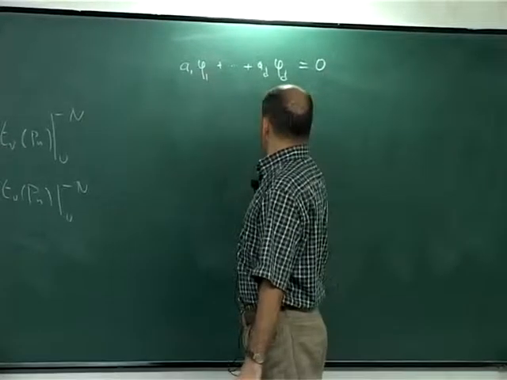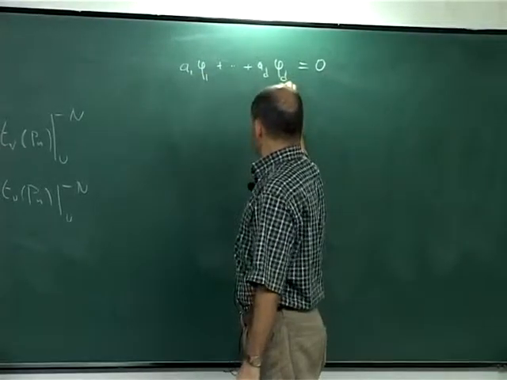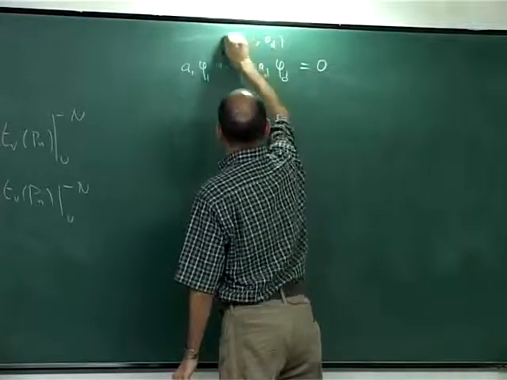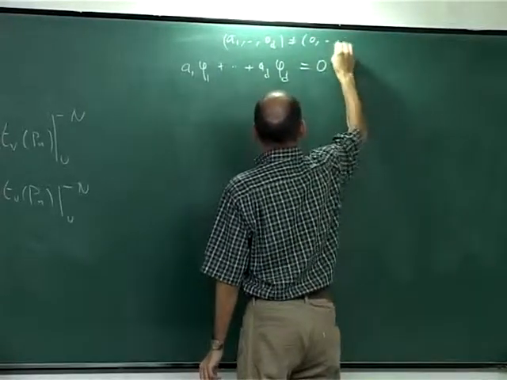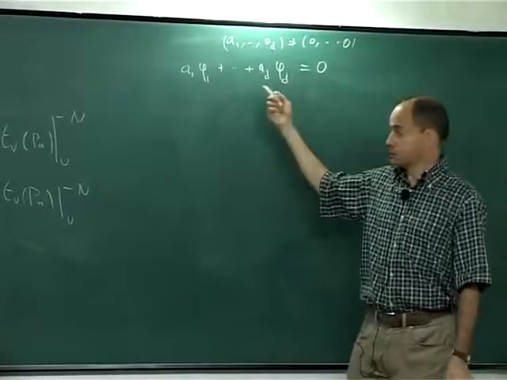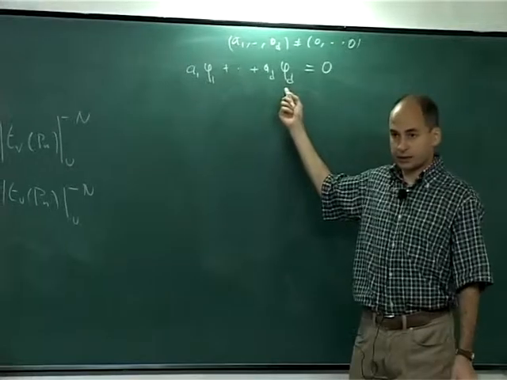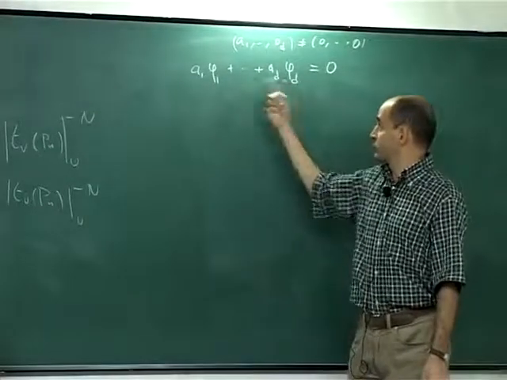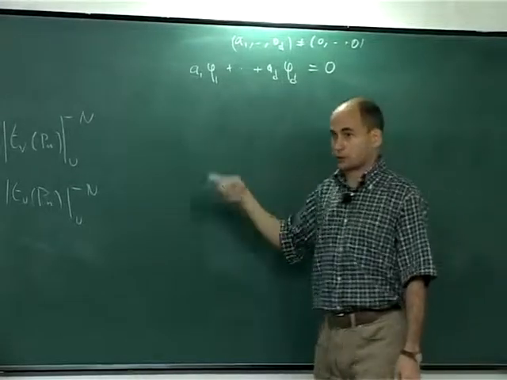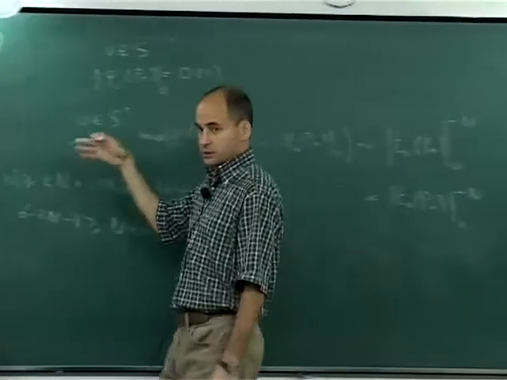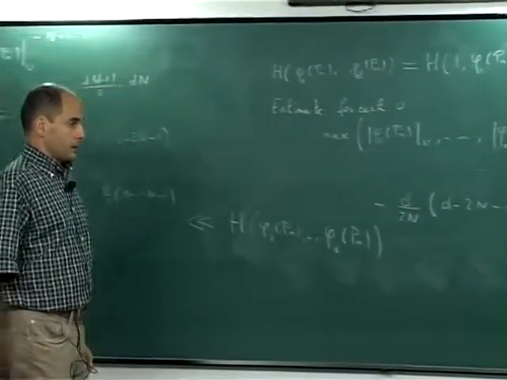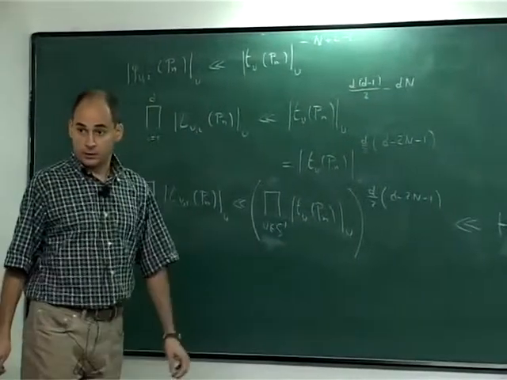But every such function, if a1, ad are not all 0, is non-zero, since the functions phi 1, phi d are linearly independent. So each such function has only finitely many zeros on the curve. So it cannot be that the sequence Pn is infinite. Okay, so this. Yes.